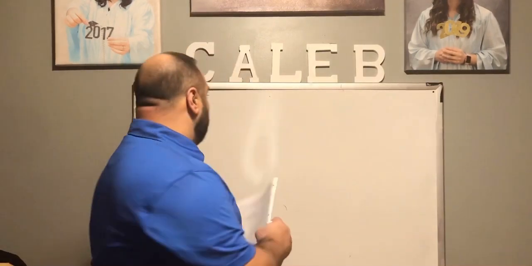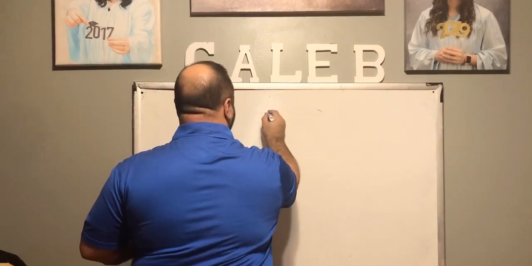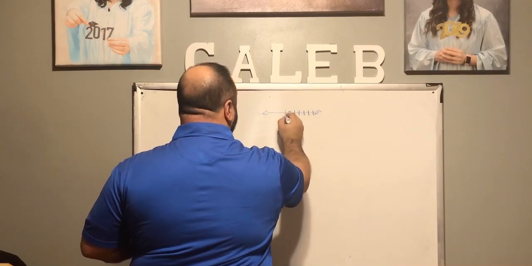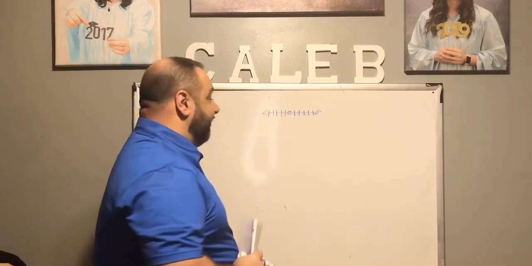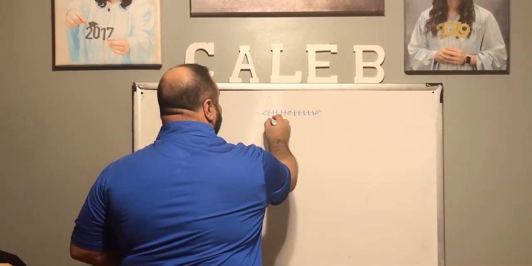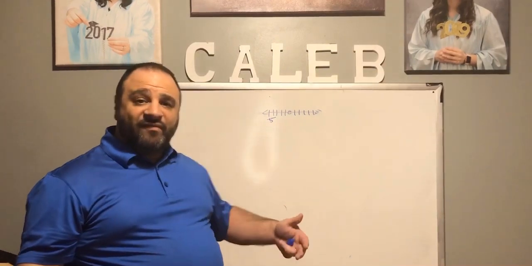When I say absolute value, that is simply the number of spots it is from 0 on the number line. Here's the number line. There's 0, 1, 2, 3, 4, 5, and -1, -2, -3, -4, -5. Since -5 is 5 spots from 0, the absolute value of -5 would simply be 5.